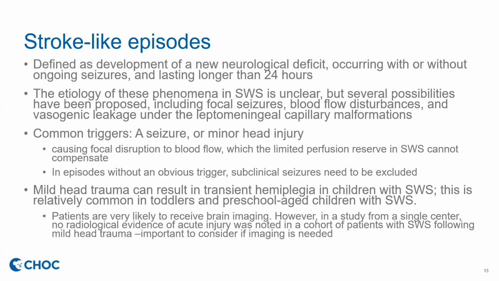What's thought to be causing these is, sometimes they're triggered by a minor head injury. Some of my parents tell me, you know what, Johnny was running in the park and something happened. He hit his head on a slide pole, and now he has this right-sided weakness. Did he have a stroke? Should we image him? And sometimes it's actually triggered by a seizure.